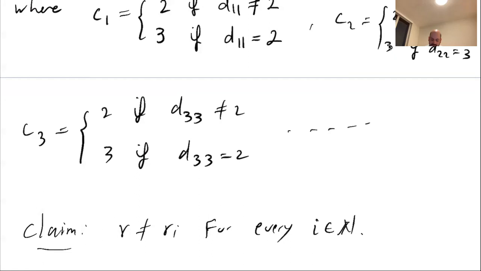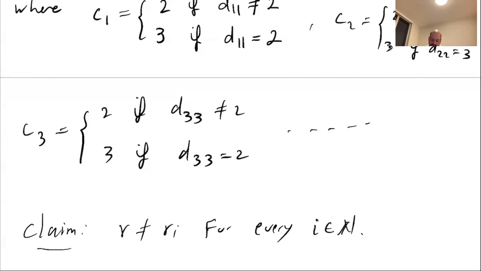So we found R between 0 and 1, which cannot be listed, or which is not listed as any of our Ri's above.